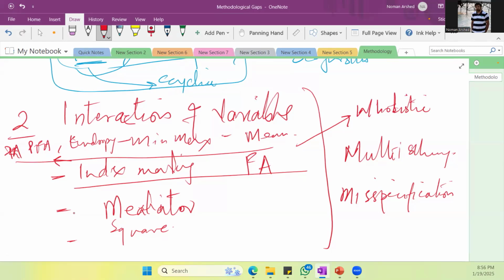That word will be used in your objective, that our study has used a holistic dimension of climate change on my dependent variable. This way you justify index making as a gap.